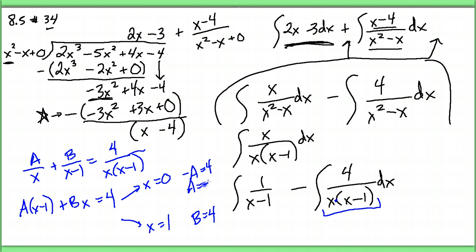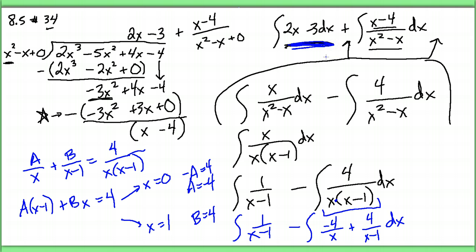So a equals negative 4 and b equals 4. So what this becomes is negative 4 divided by x plus 4 divided by x minus 1. There you go. And you're going to do dx on that. And so you have a lot of steps, and we still have this from the beginning.